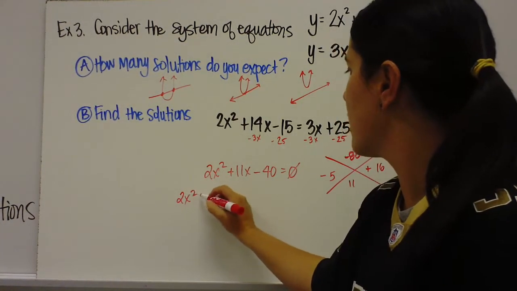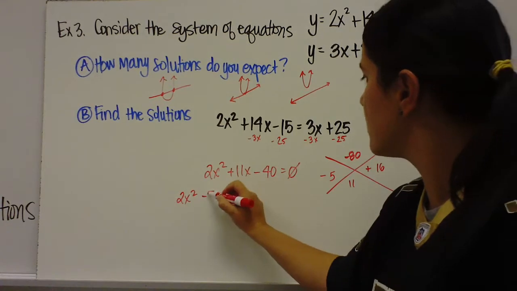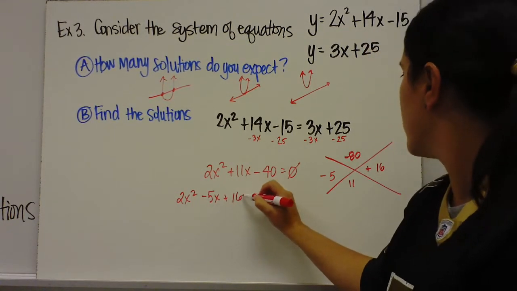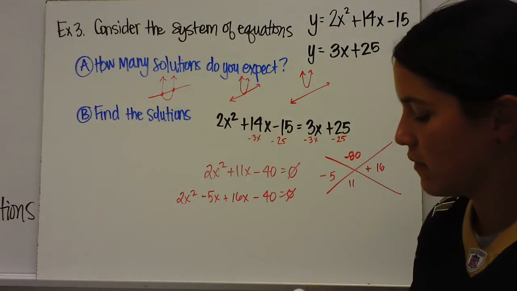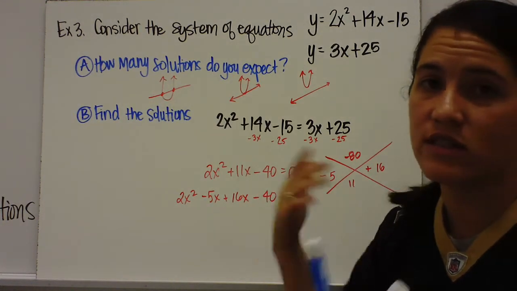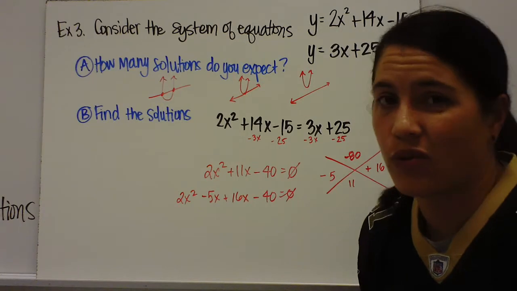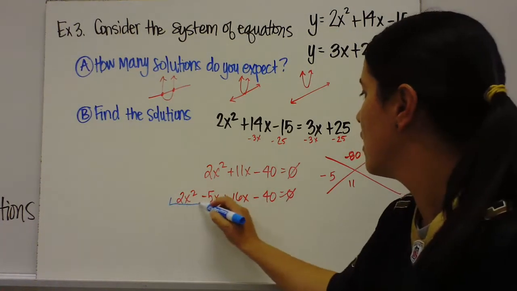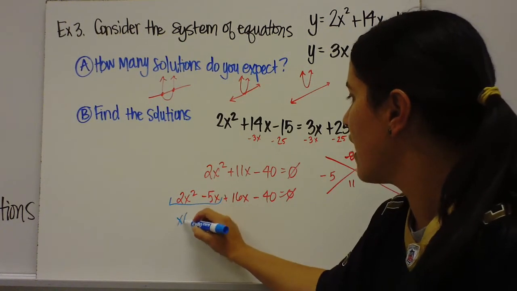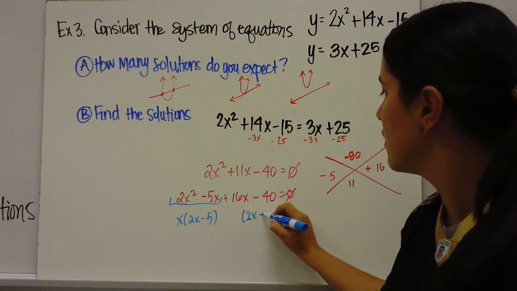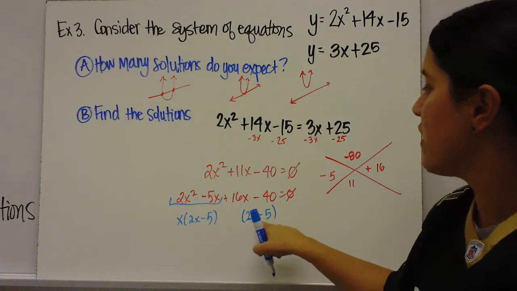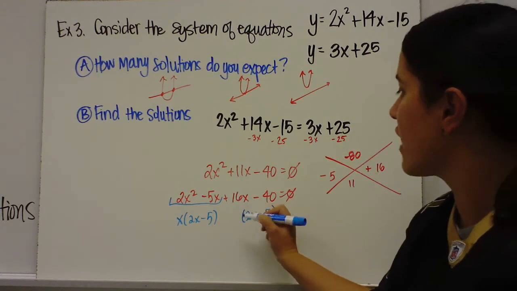So 2x squared minus 5x plus 16x minus 40. I'm showing you this factoring, but you can factor or you can do the quadratic formula. I'm going to factor out x, and I get 2x minus 5. And since I want 2x minus 5, right here I need to factor out an 8.